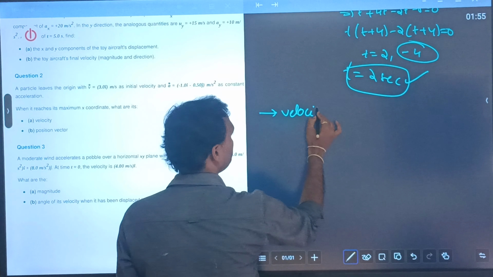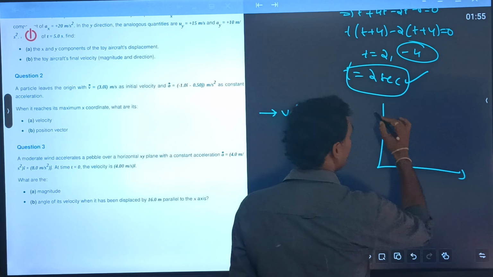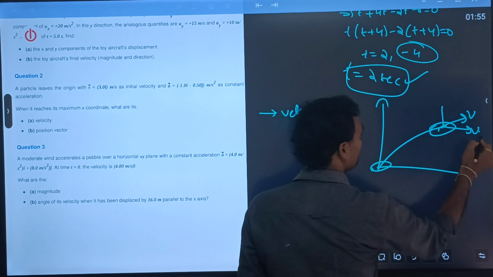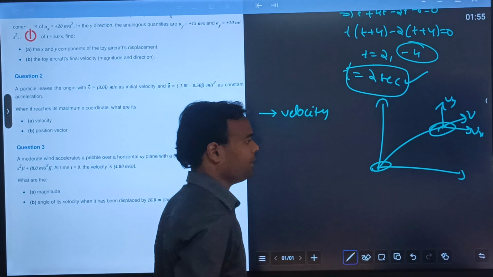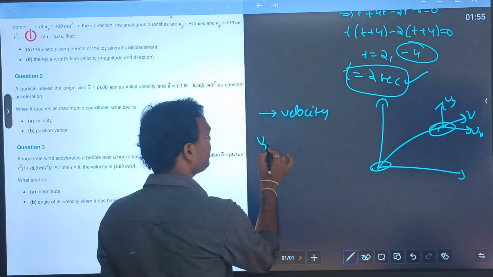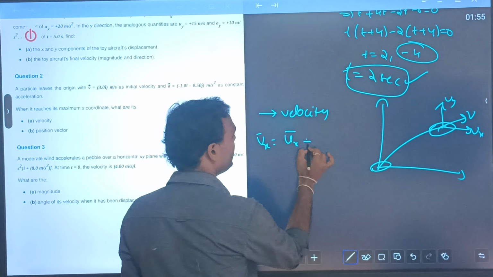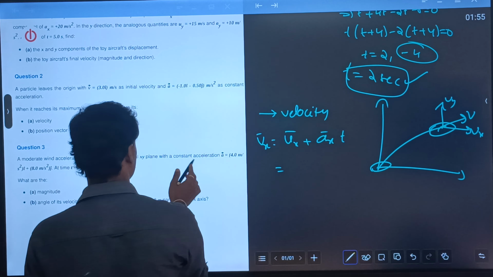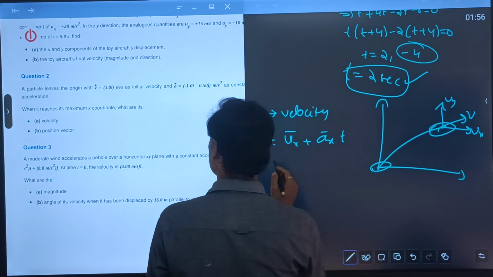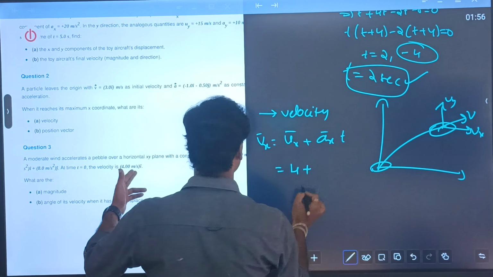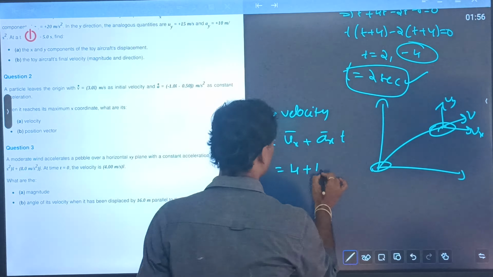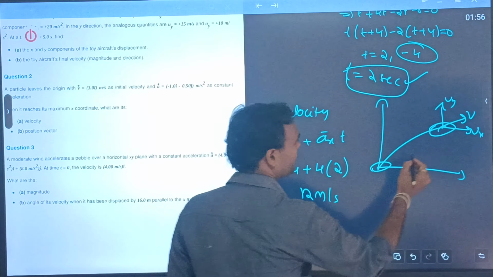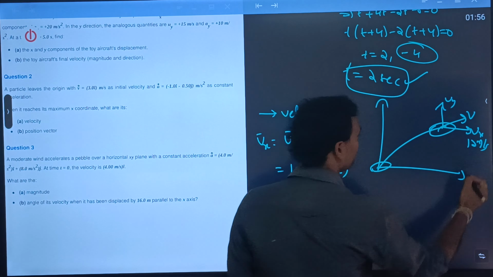Velocity, that is, when the object reaches from here to here. Suppose it has velocity v here; it should possess a Vx component and a Vy component. Right? Now, Vx is equal to Ux plus Ax t. Ux is given as 4, plus Ax given as 4, time is 2, which is 12 meters per second.